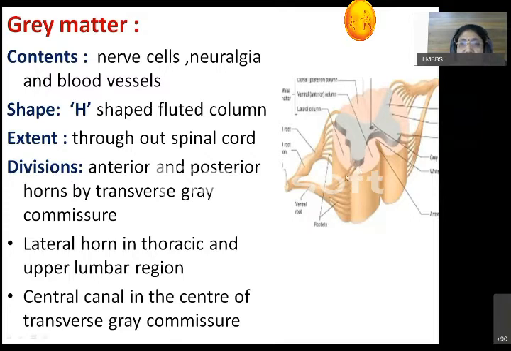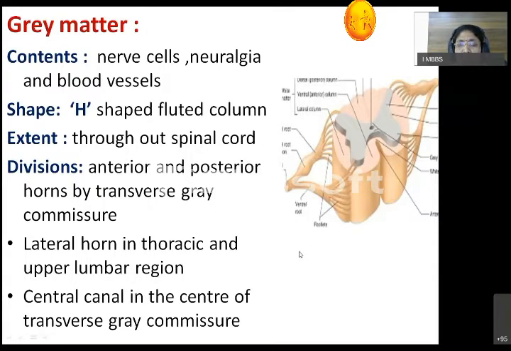In the center there is the transverse gray commissure, and in its center there is the central canal. Because of this transverse gray commissure, the gray matter is divided into anterior and posterior horns. This type of gray matter is present along the entire length of the spinal cord, whereas in the thoracic region there is another horn, the lateral horn.